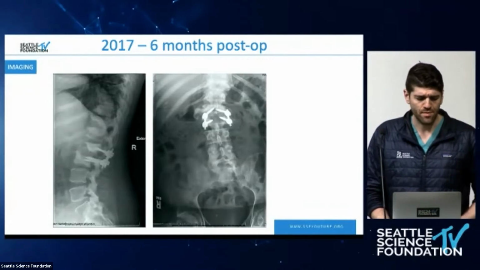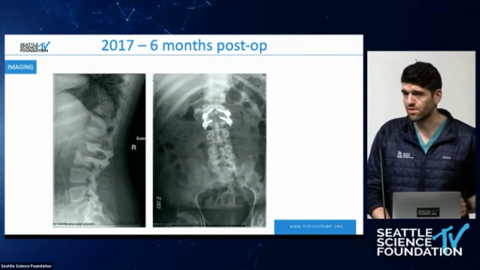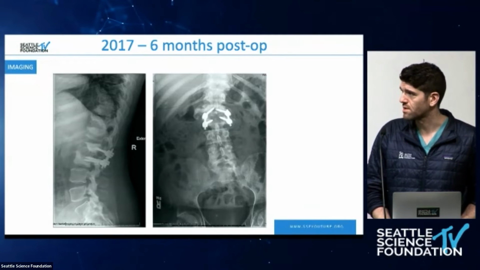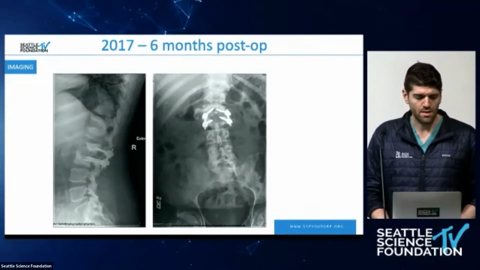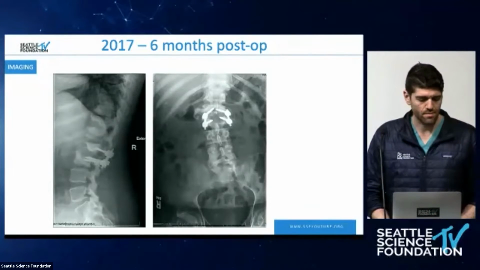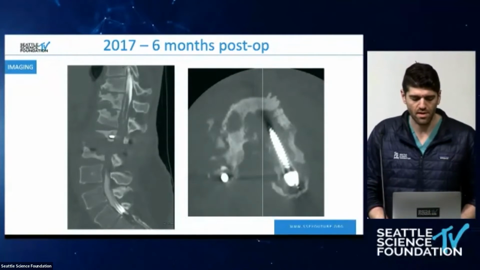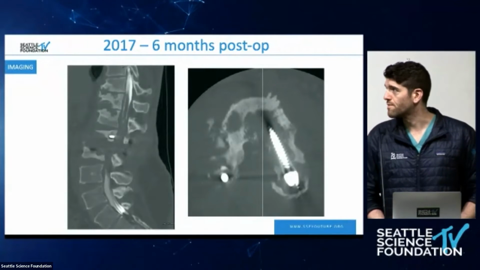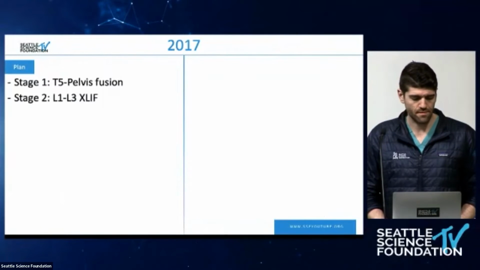So here's what things are looking like at that time, 6 months after he had that first surgery. There's further degeneration, or further destruction, should I say, at this level, getting some coronal deformity there. This is what you see on CT. And then the level noted above is also continuing to fall apart.